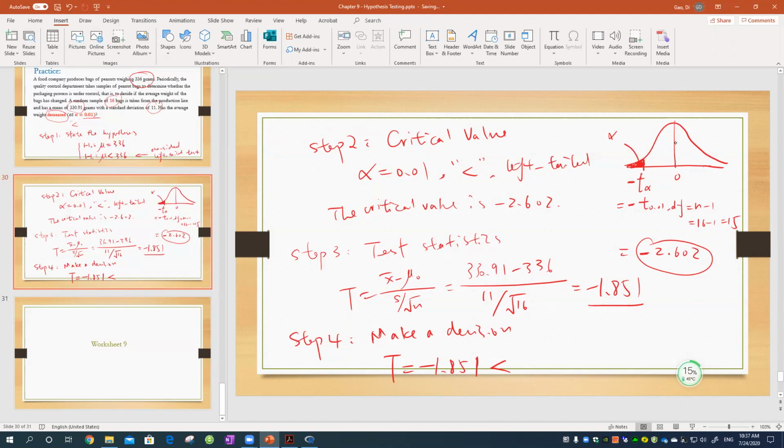So we want to look at even smaller than that. So is negative 1.85 smaller than negative 2.602? It's not. So fail to reject.